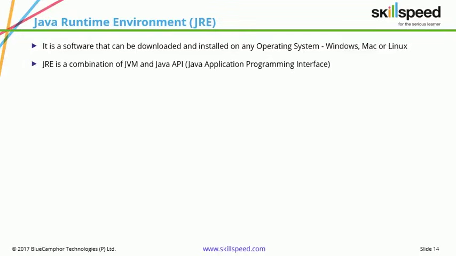And JRE is the combination of the JVM, the Java Virtual Machine, and the Java API, the Java Application Programming Interface. So if I look at a mathematical understanding, JRE is equal to the JVM plus Java APIs plus runtime libraries.